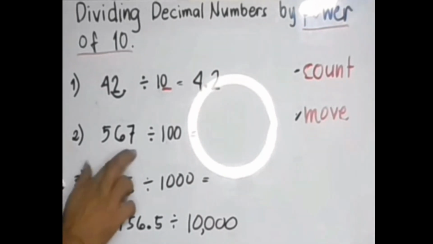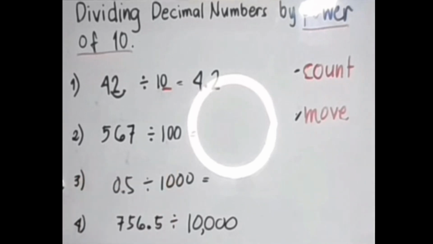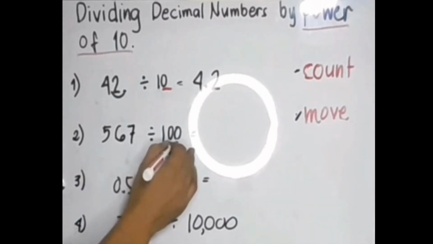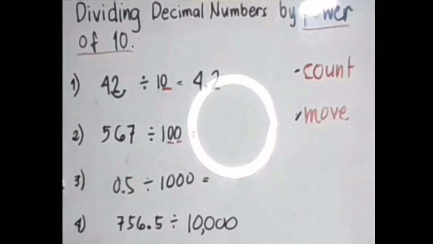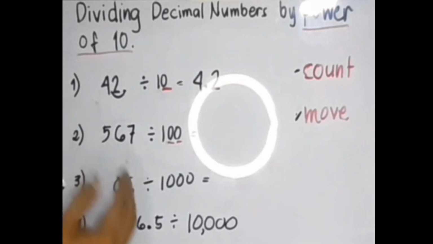Let us go now with number 2. We have 567 divided by 100. So again, first step is count. Bilangin ng 0 sa ating divisor. 1, 2. Then next, move. Move the decimal point from right to left based from the number of 0 in our divisor. So ilang beses natin i-move? 2 beses.